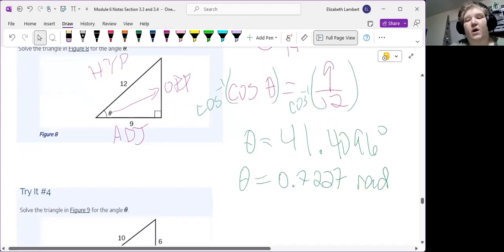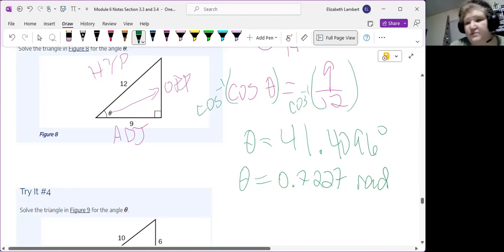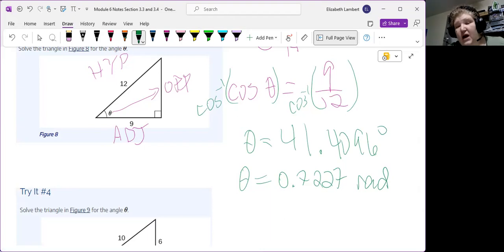Now, generally, if you are answering what is the measure of an angle, if you don't write the little degrees, we assume it's radians, but it is better communication to write radians as a unit here. To be very clear, you did not mean a tiny measure of an angle, but an angle not in degrees.